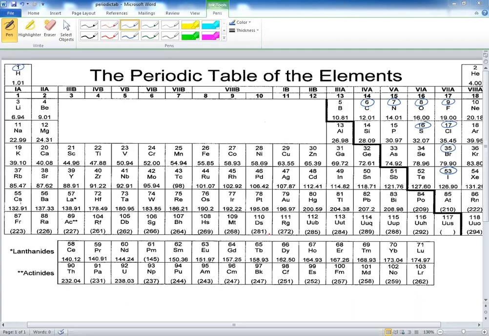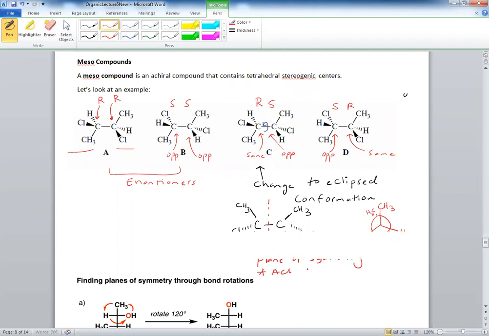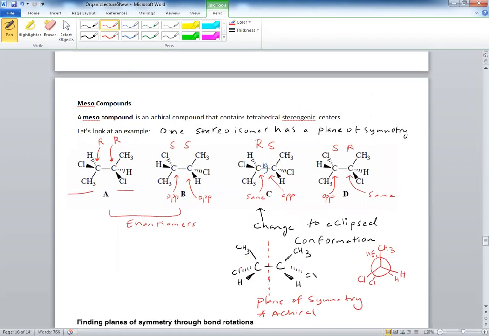So again, it has a plane of symmetry right here, and it makes this compound achiral. Can you see how the plane of symmetry applies here? This side is equal to that side.